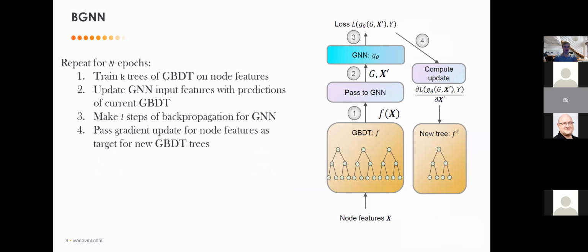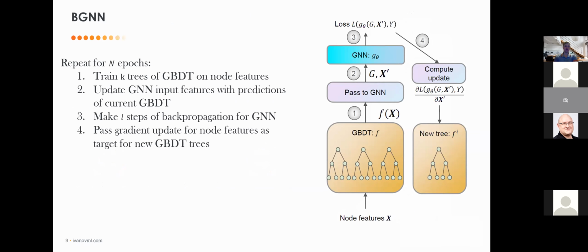So what we propose is what we call Boost-GNN, or BGNN for short. And it builds on this idea. We first train K trees of GBDT only on the node features X, and we get the predictions f of X, which will augment the original input features for the graph.